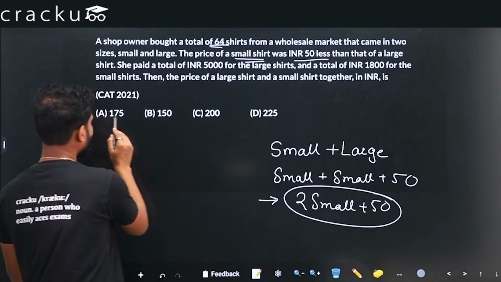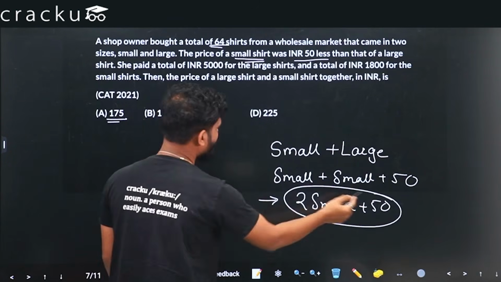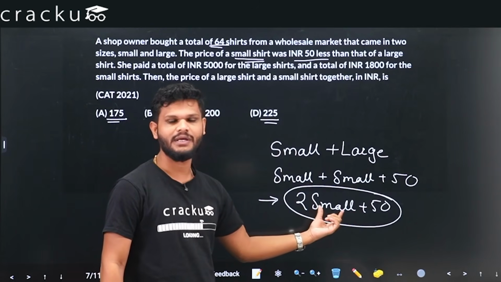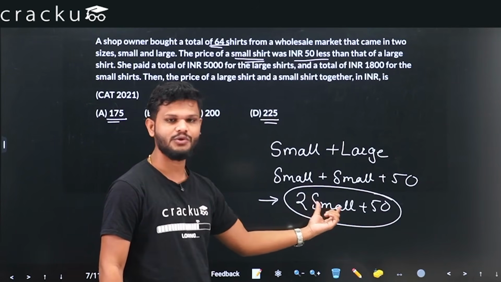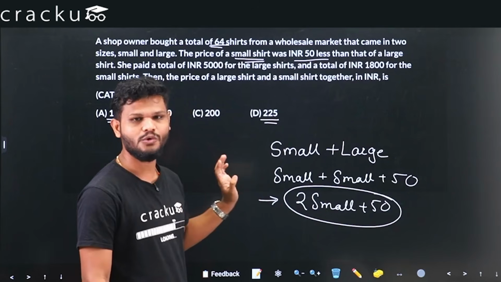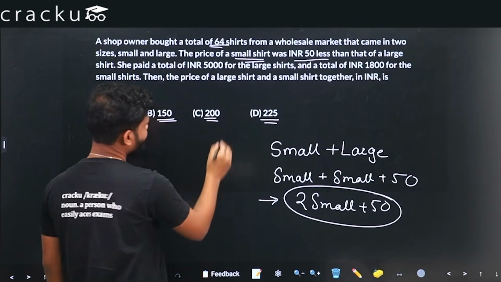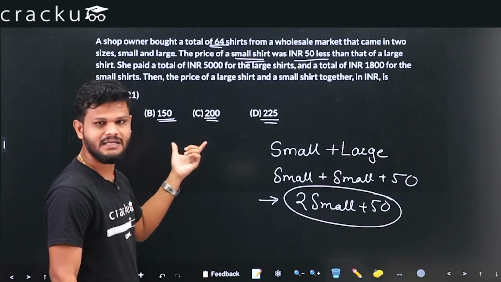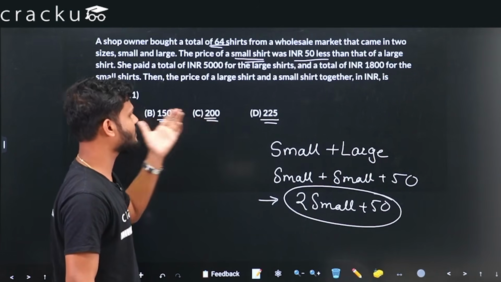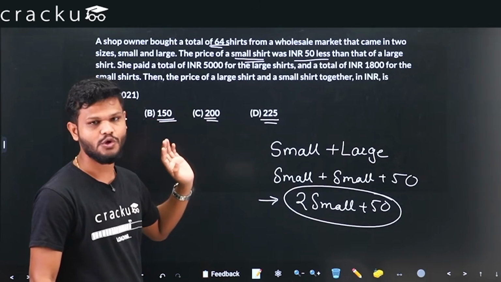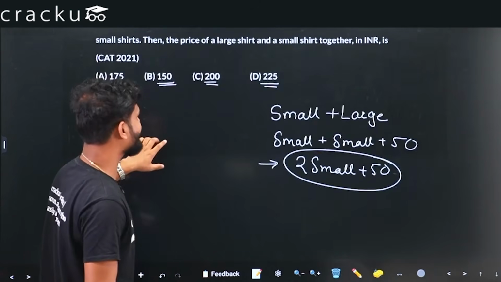If I keep this value equal to 175 or 225, I will get the small value in decimal. So I don't want to go to decimal as of now. I will choose these two values. If our answer doesn't come with these two values, we definitely need to go for A and D. But as of now, I don't want to go. I want to choose options wisely.